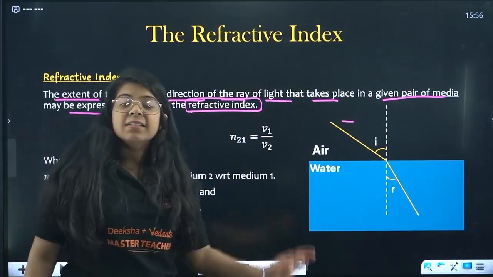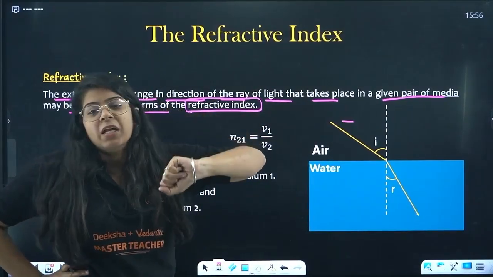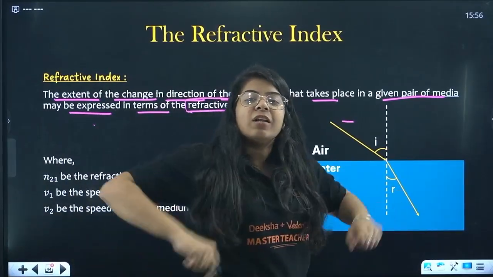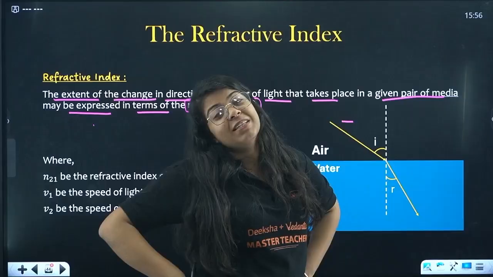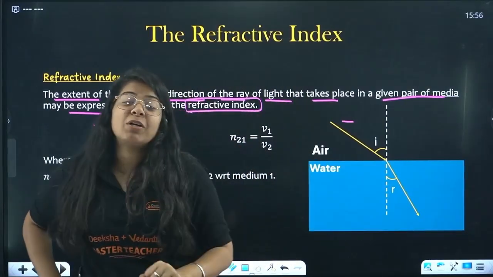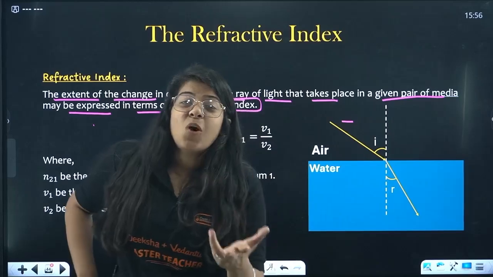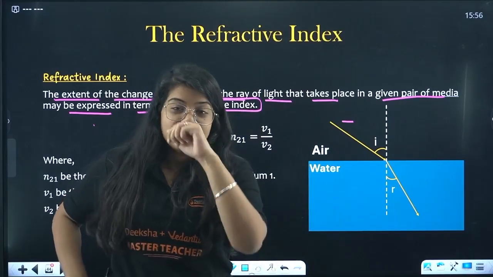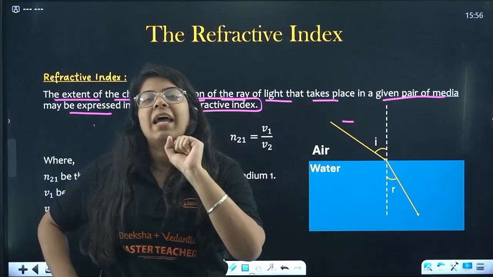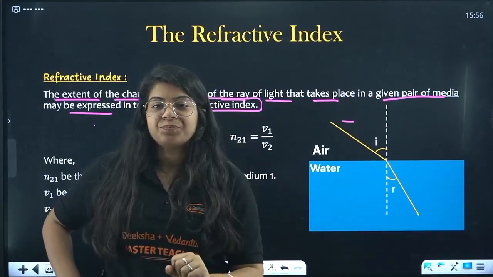And this is related to speed. Ma'am, how? You try to run in air and then you try to run in water. Will you be able to run with the same speed? No. Similarly, light is also not able to travel with the same speed in water or air. So this refractive index depends on the velocity of light inside that medium.